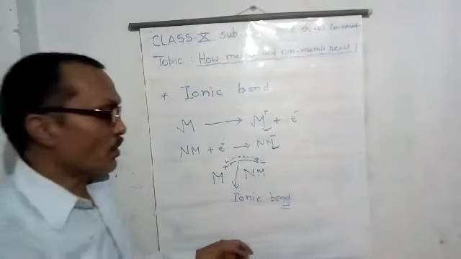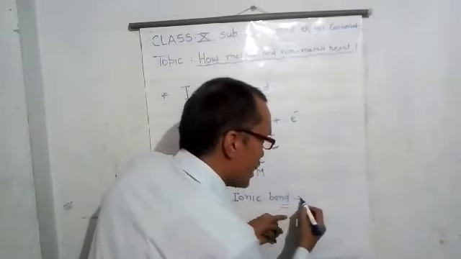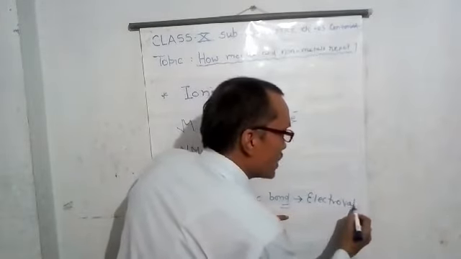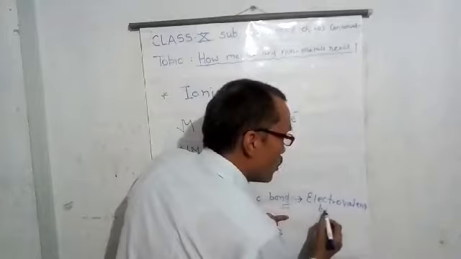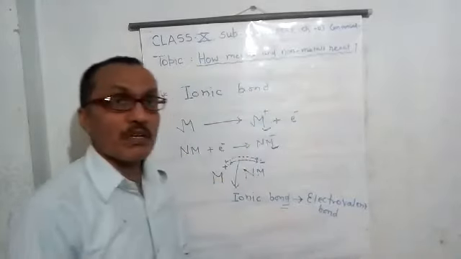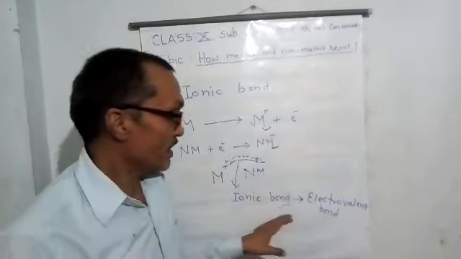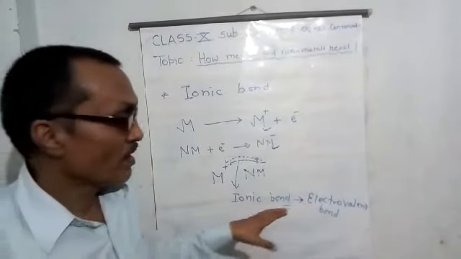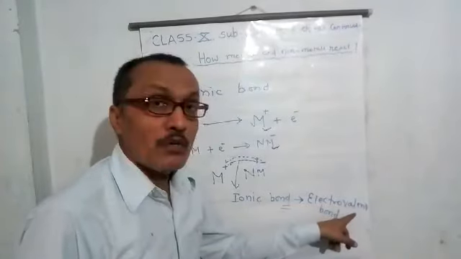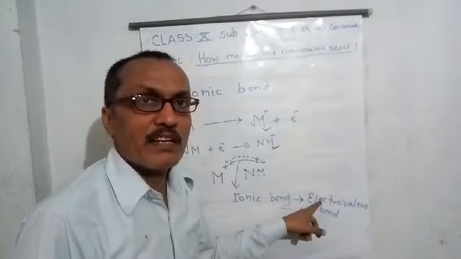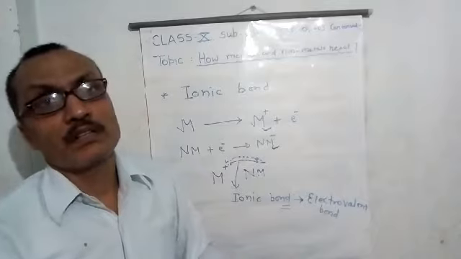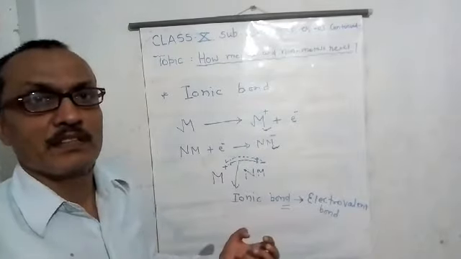And ionic bond is also known as electrovalent bond. Why electrovalent bond? Because in the formation of this bond, electrons of the valence shell are either lost or gained.